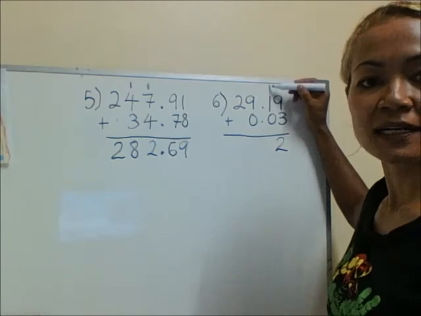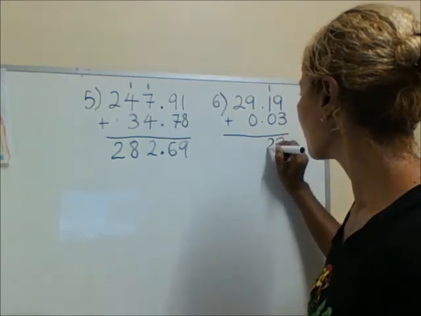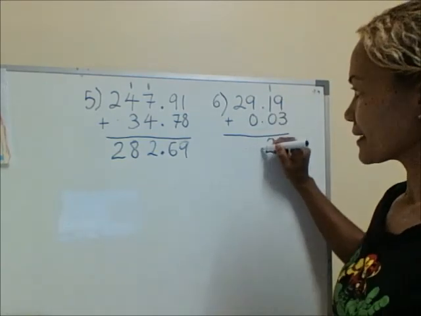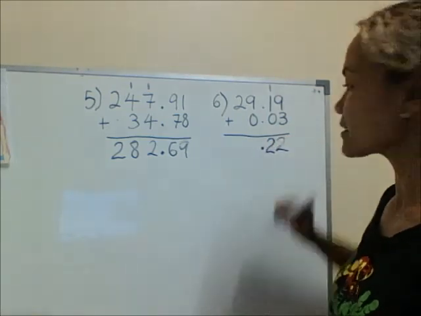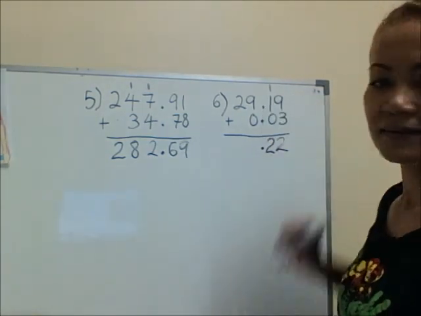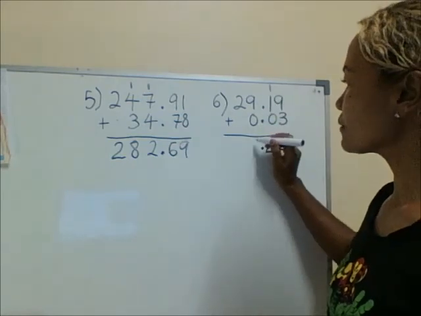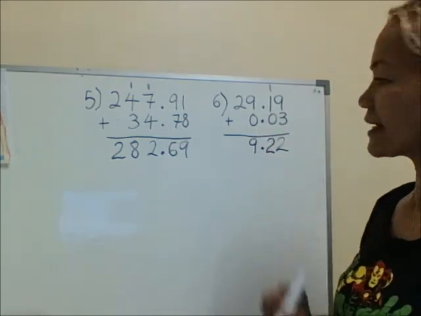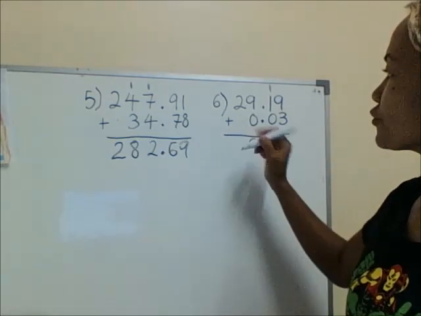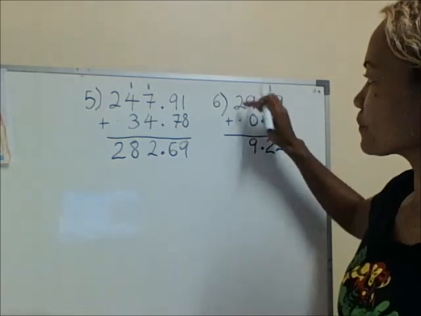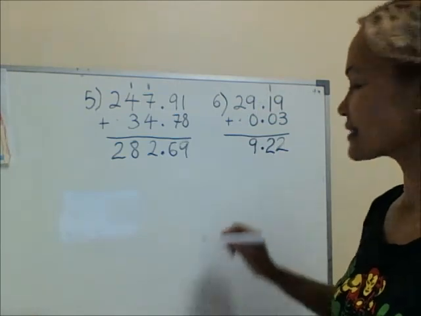Then you add the 1 up here. Gives you 2. Decimal place, super important. Right under the other 2 on top. 9 plus 0 is 9. And 2 plus, there's a 0 here. 2 plus 0 is 2.